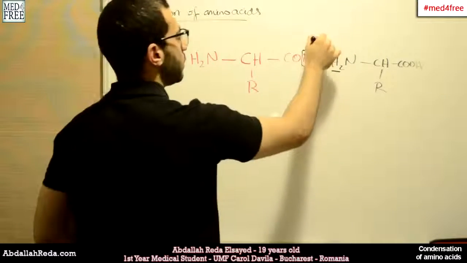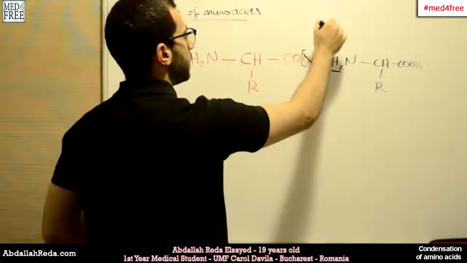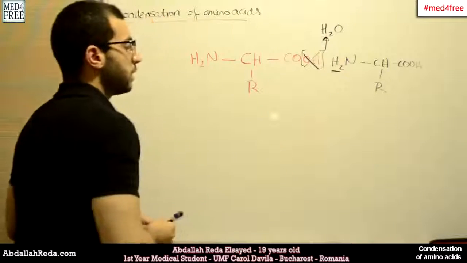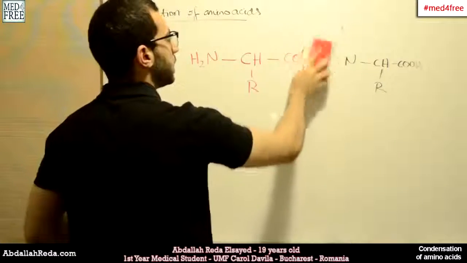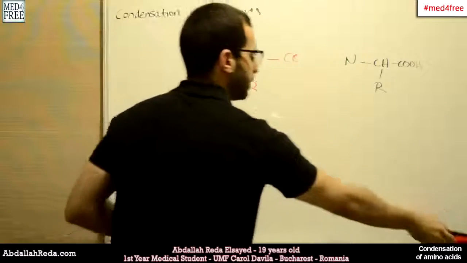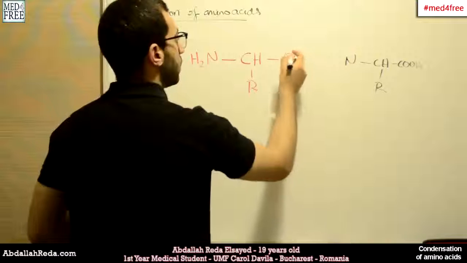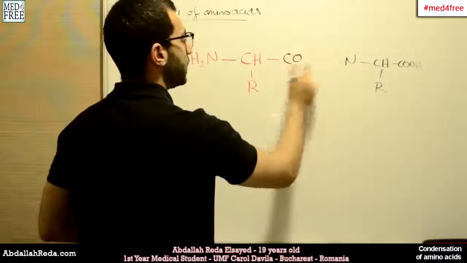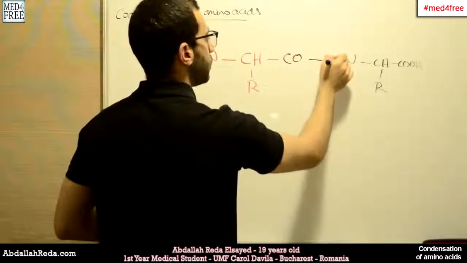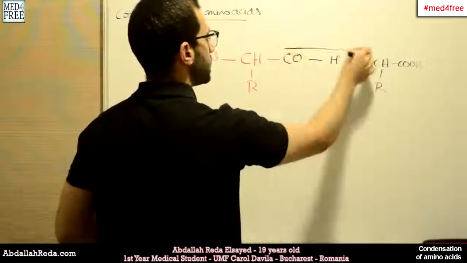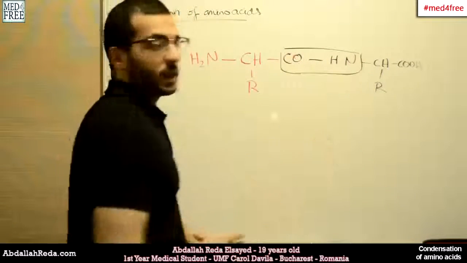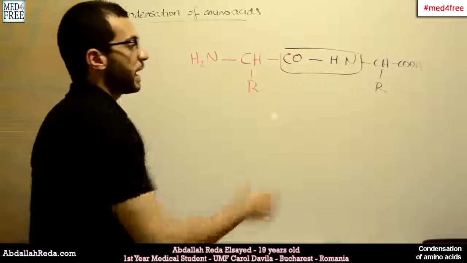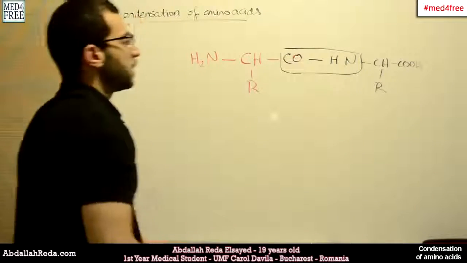So technically we are eliminating a water molecule, and the bond will be formed like this. So we have a carbonyl group bound to an NH group, and this is how the bond is formed, and the amino acids start to add up like this.